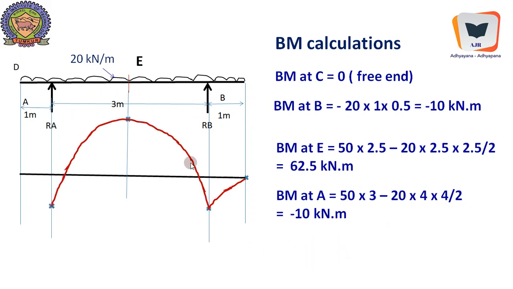Yeah. Now it should be plotted by a parabola, because the variation is parabolic in nature, and bending moment at D equal to 0 because it happens to be the free end.